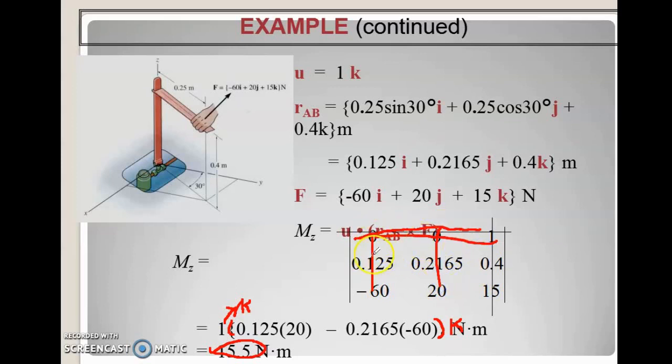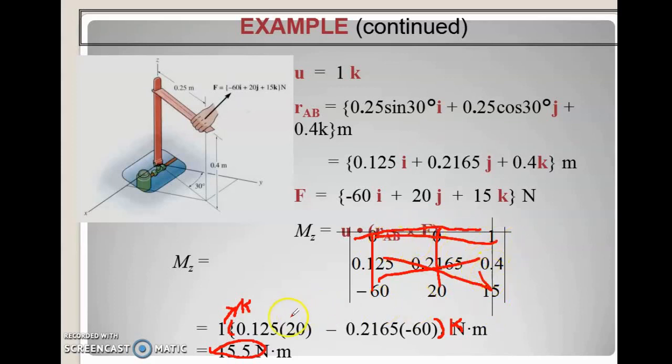But after you do the cross operation, when you do the dot operation, it will multiply with 0 for each component i and j. So you will get 0, and only k gives the value. That's why we only do the cross product operation for the k component.